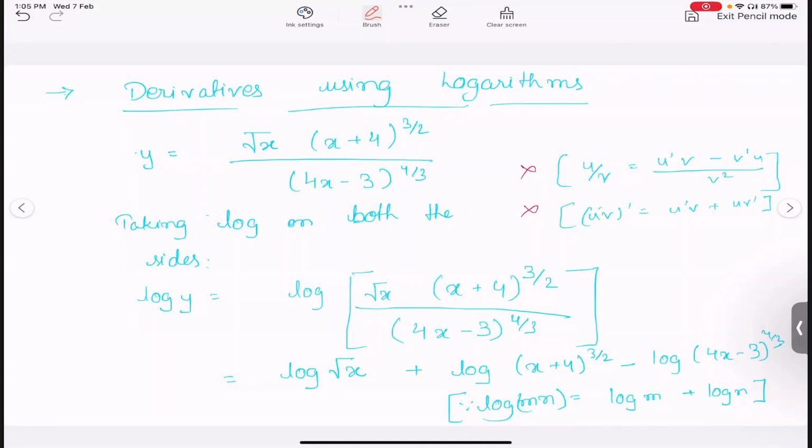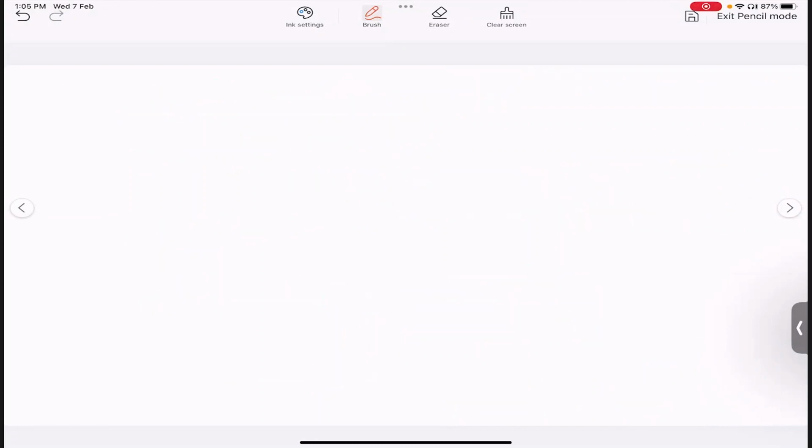Log of m by n will be equal to log of m minus log of n, that we have already learned, and log of m to the power n will be equal to n times log of m. So next step, we will be using this.